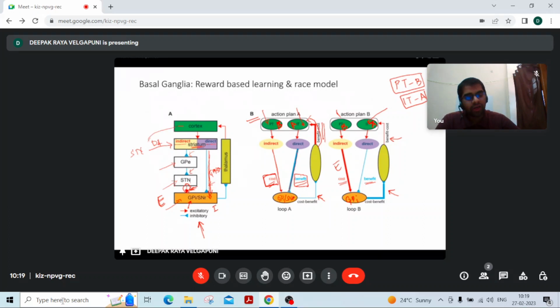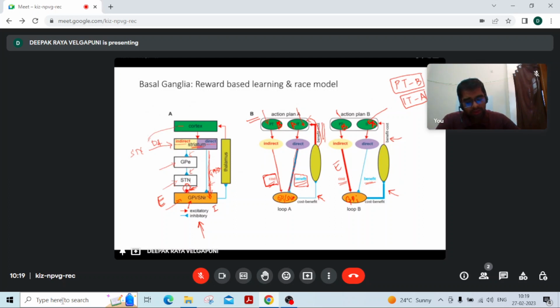If the benefit is high, you see the amount of blue is high here. There is a lot of inhibition coming to this GPI nucleus, so it doesn't fire, there is less inhibition, and the cost minus benefit goes back to the cortex, and you select plan A.